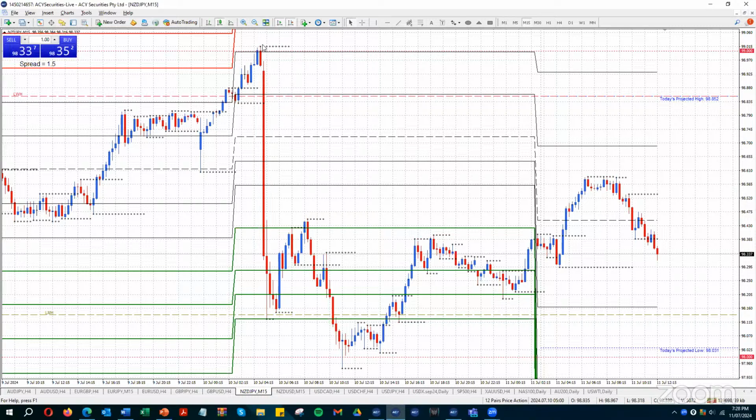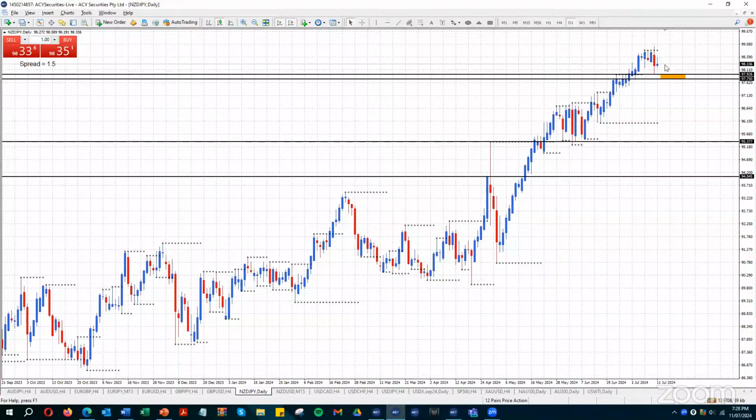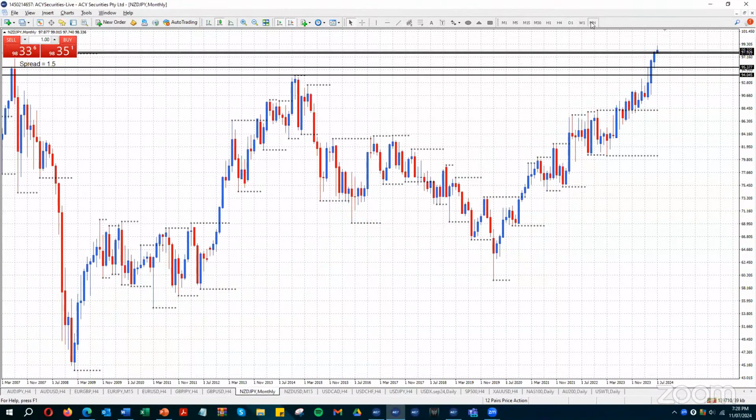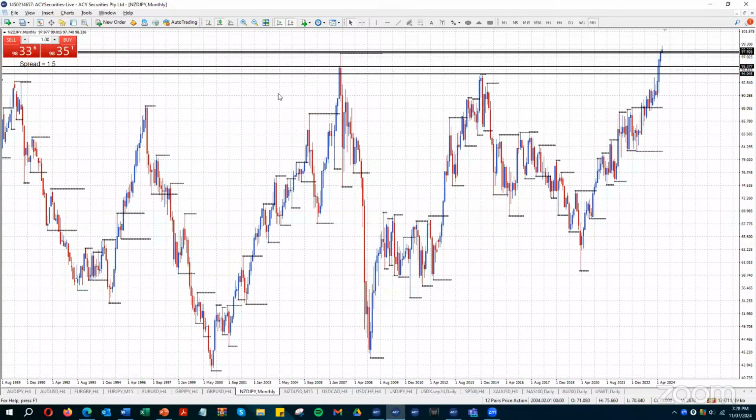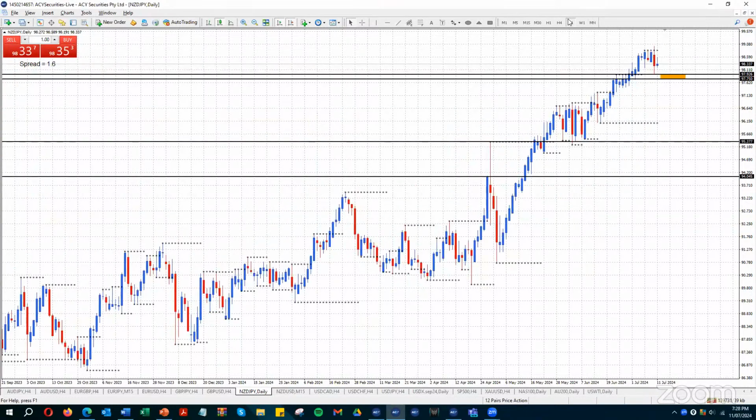All right, so New Zealand yen, you can see the massive decline. Day chart still hasn't. This is potential support here because on the monthly chart, this major high here, we are still holding above it. The major high there is at 97.75. And we pulled back yesterday to 97.92, which is that old resistance.